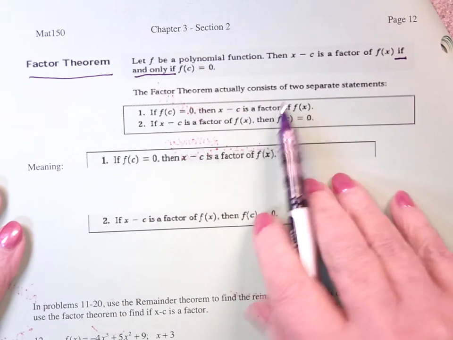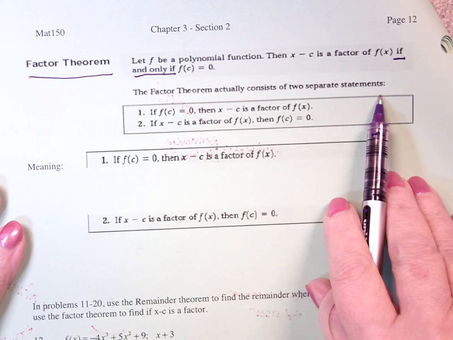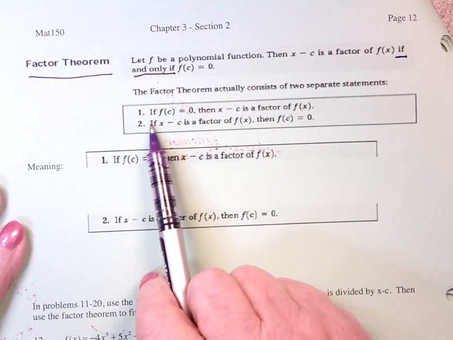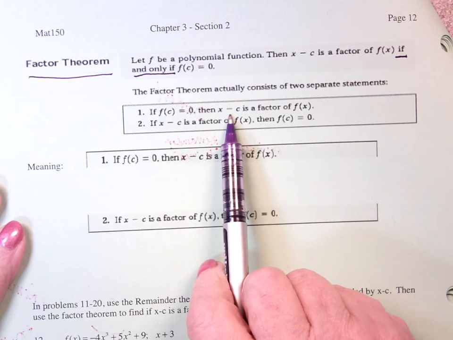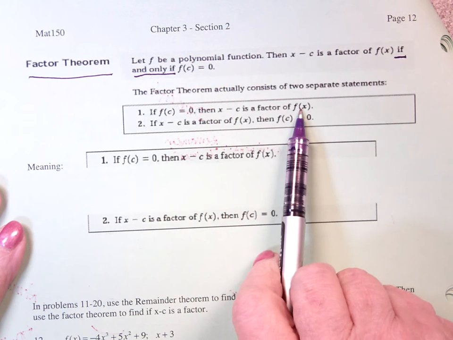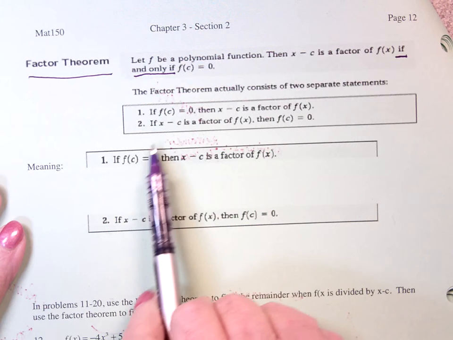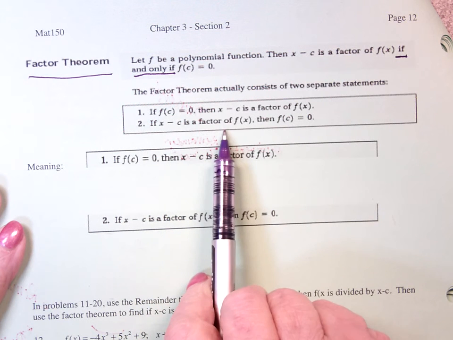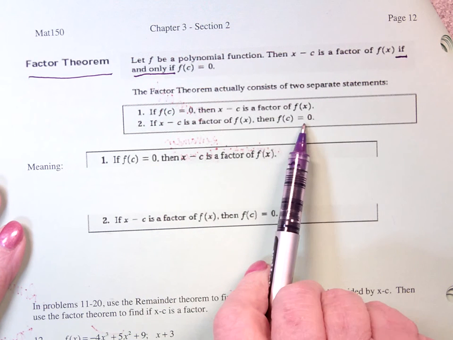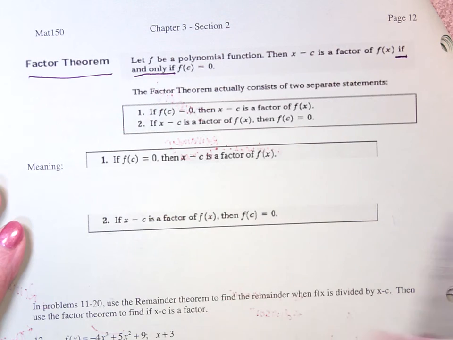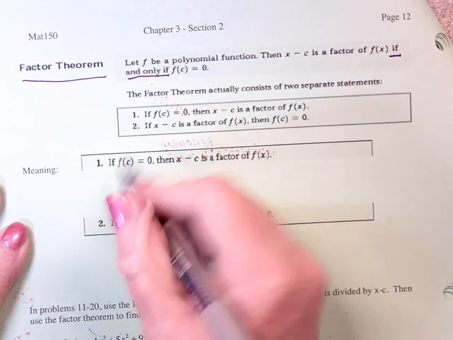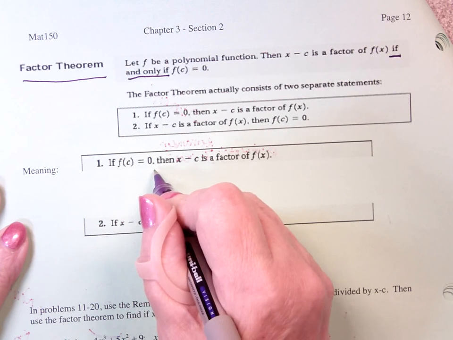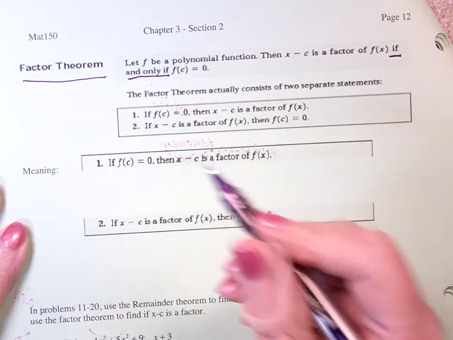The factor theorem actually consists of two separate statements, the forward statement and the backward statement. One, if f of c equals 0, then x minus c is a factor. Two, if x minus c is a factor, then f of c is 0. Now, what does this really mean?